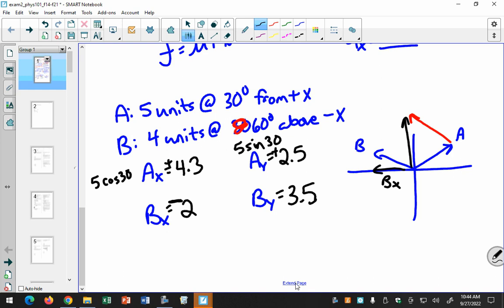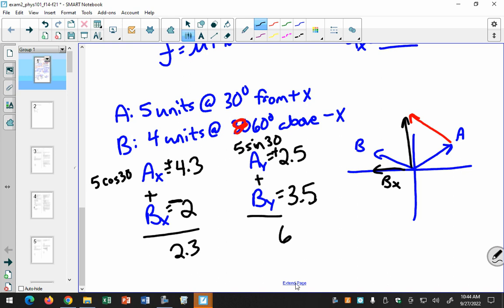And you'll probably have a vector that's in either quadrants 2, 3, or 4, so that one or both of the components are going to be a negative number. Then I add my A_x and B_x and my A_y and B_y. That's going to be, in this case, 2.3. And here, what's that, 6.